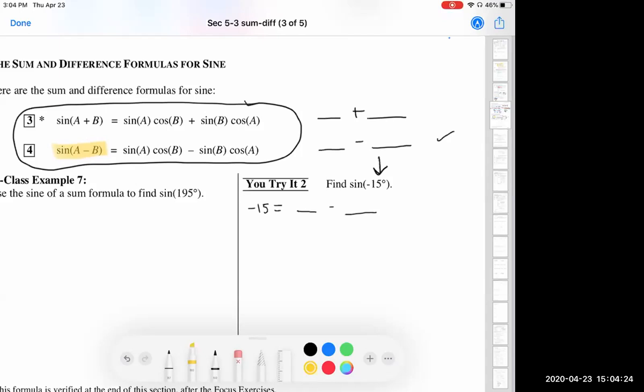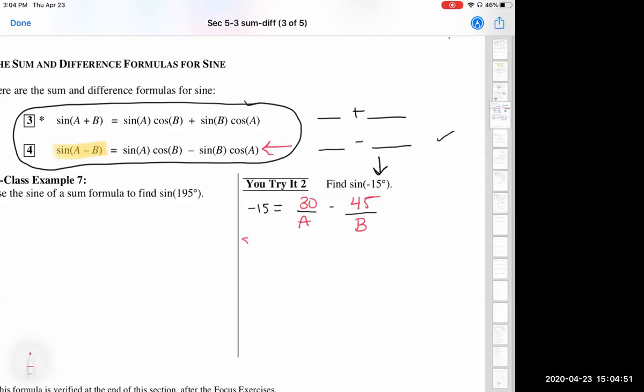Okay, let's see where we're at. So what two numbers can you subtract to get negative 15? Can someone chime in on what numbers they chose? 30 and 45. Cool. So I'm going to let 30 be A and 45 be B, and I'm going to use this formula.